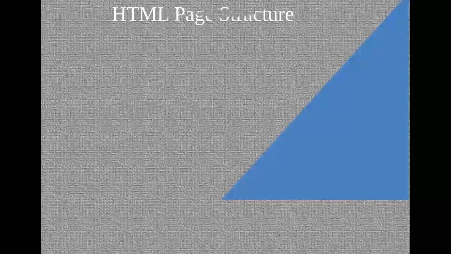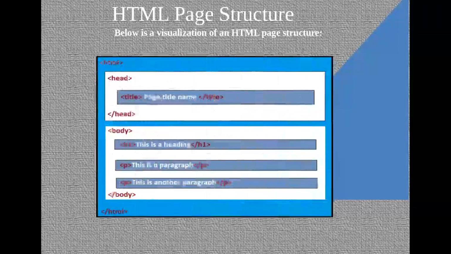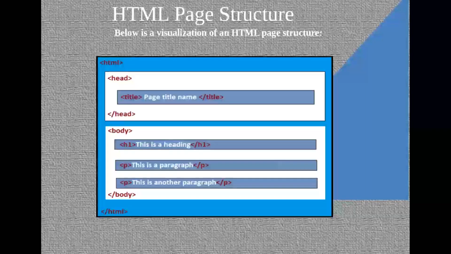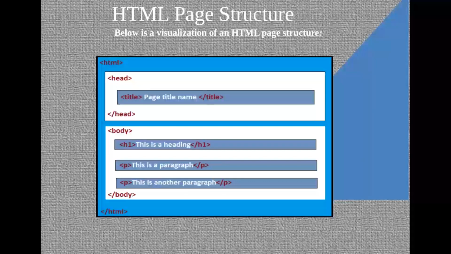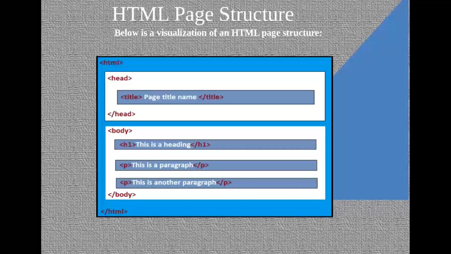Now, HTML page structure. Below is a visualization of the HTML page structure. The HTML page has the HTML tag, the open tag and the closure tag. Inside the HTML tag, we have two important tags, the head tag and the body tag. Inside the head tag, we have the title, which contains the page title name, and the page title is displayed as the page header.